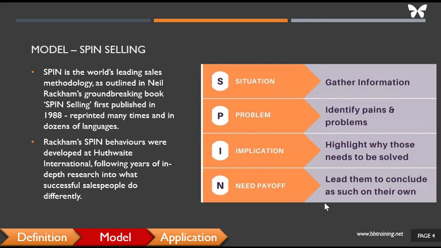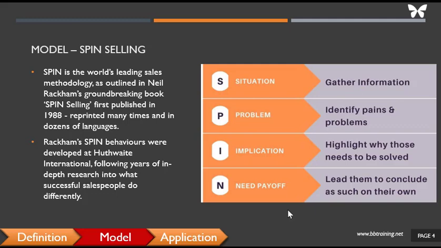It is more of a pull approach, where the salesperson is only facilitating a discussion where the customer is basically going through his own problem and introspecting, and in a way asking the salesperson that, yes, I want to be rescued. I want to get out of this situation because I'm in a tough situation.